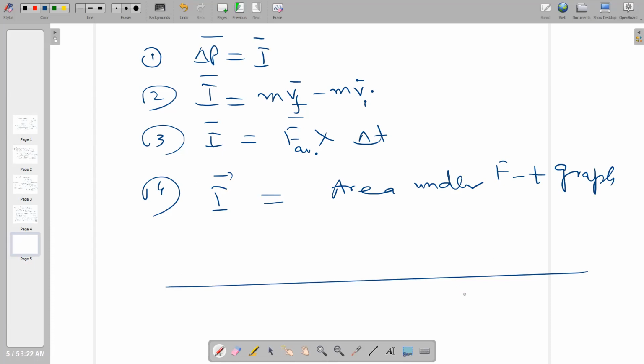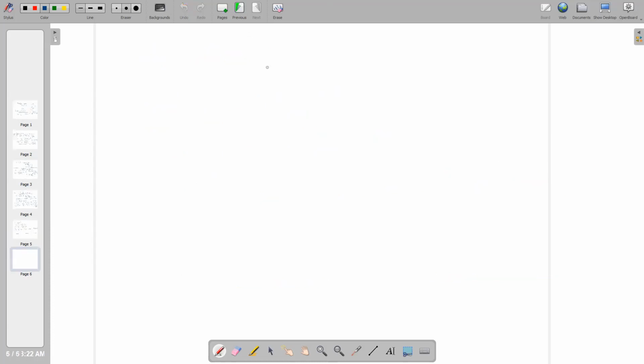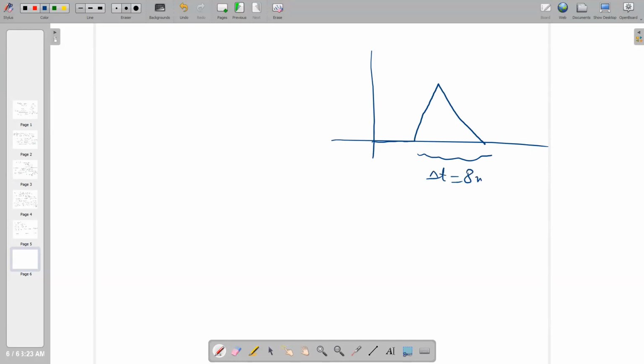Okay, let's see another problem. We have this graph. Suppose this is the graph and this duration delta t is equal to 8 millisecond.